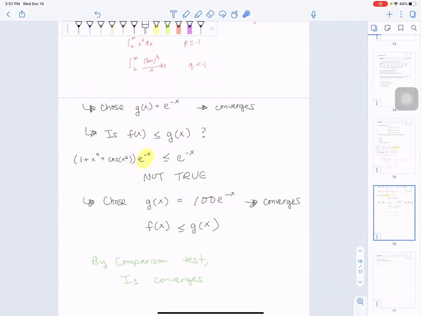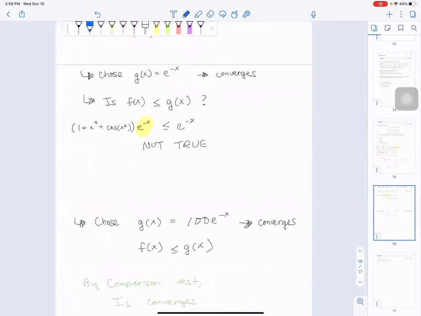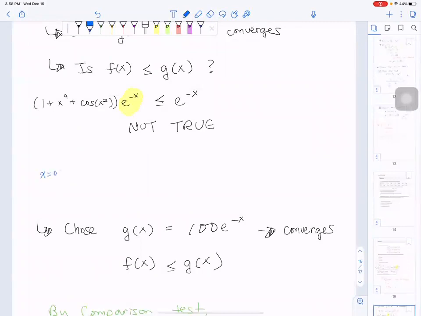I don't really understand how you know that the 100 to the 9th part will be smaller than 100 times e to the negative x. Yeah, so if you chose x equals 0, on the left you get 1 plus 0 to the 9th plus 1 times e to the 0.